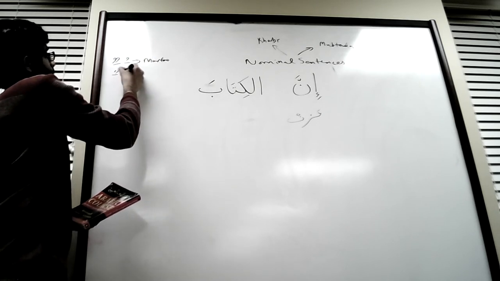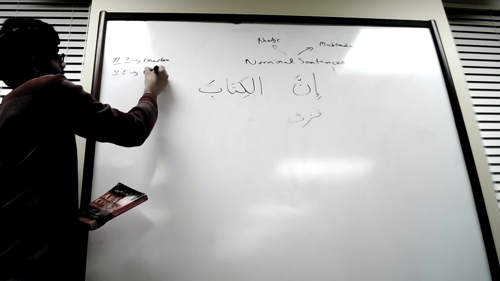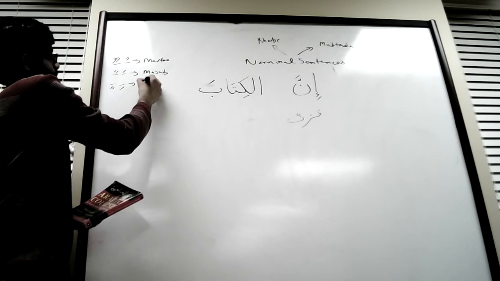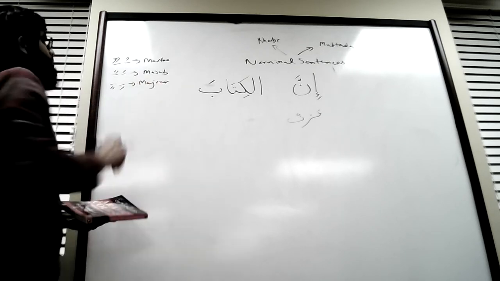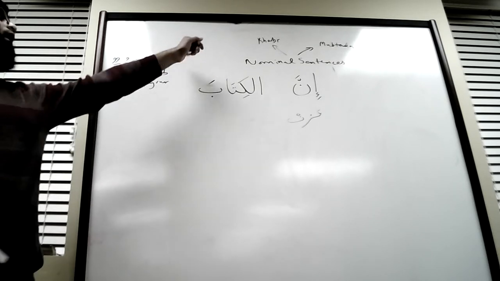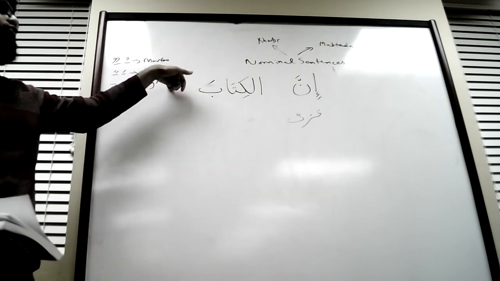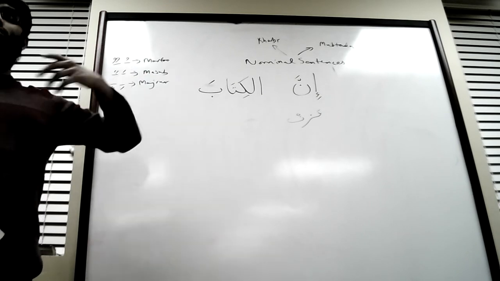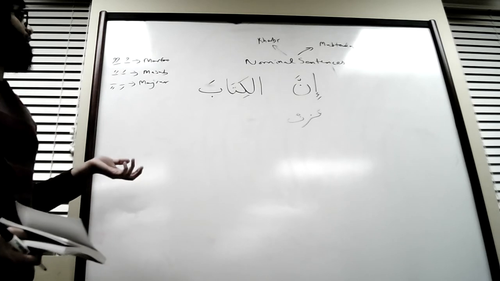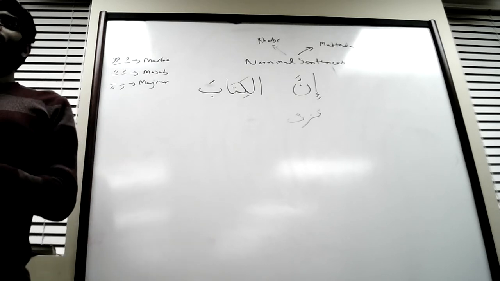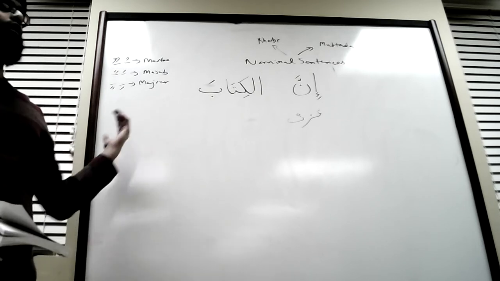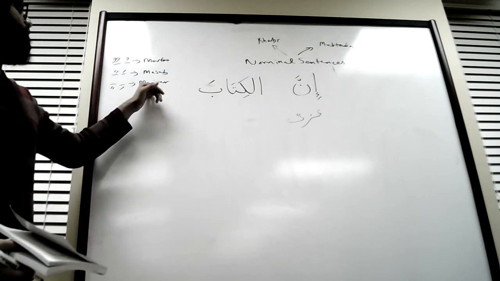What's 2 fathas or 1 fatha? Mansub. And then 2 kasras or 1 kasra? Majroor. Every noun by default is marfu'. How does it become majroor? A harf jar, right? If I say fil kitabi, that's a harf jar. What about a mudaf ilayhi? Someone's book, kitabu Muhammadin. That will make it majroor.